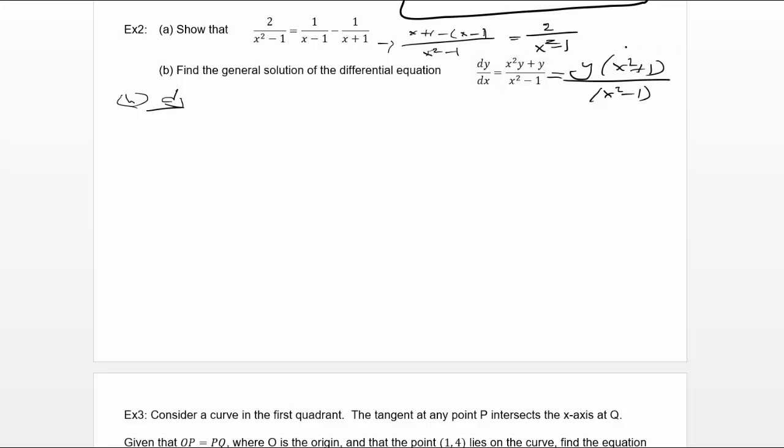So if I want to separate out the x's and the y's, this is not so bad. I'll just divide both sides by y and multiply both sides by dx. And I'm going to end up with the following expression. I think I can rearrange and separate the variables here to get 1 over y dy equal to x squared plus 1 over x squared minus 1 dx.